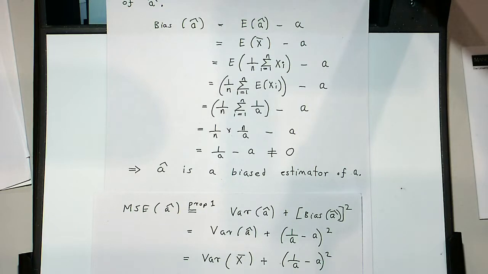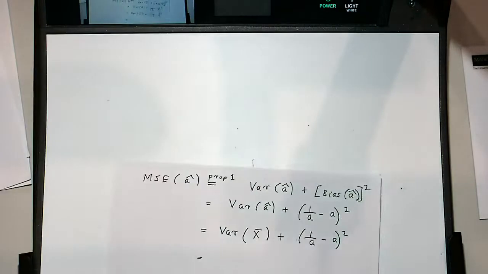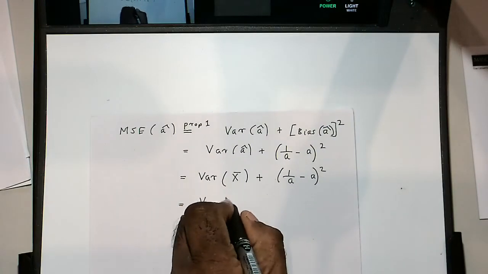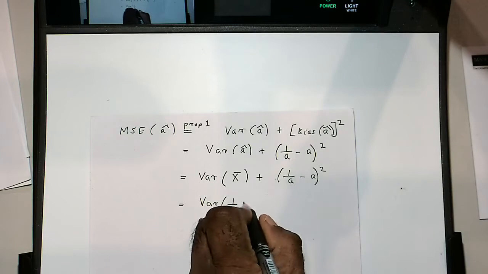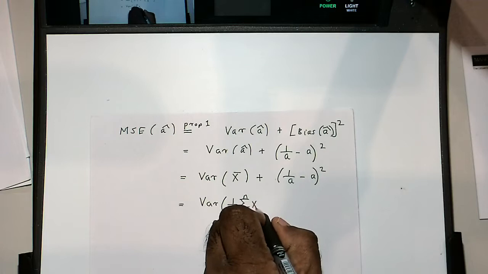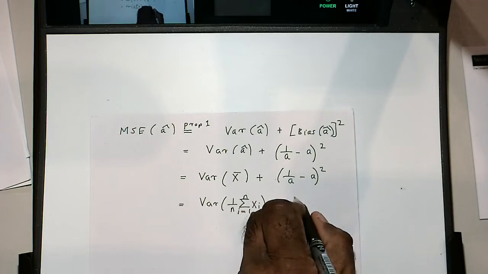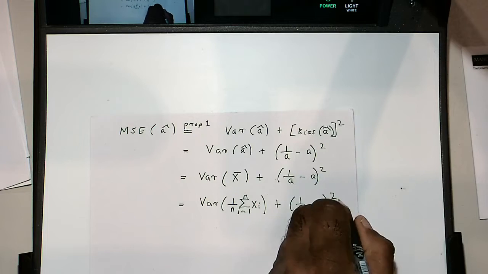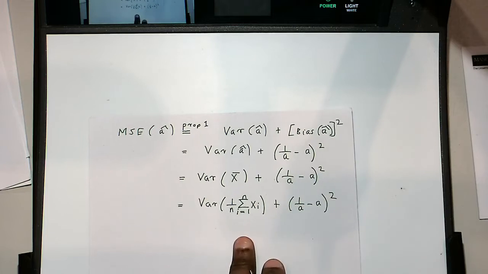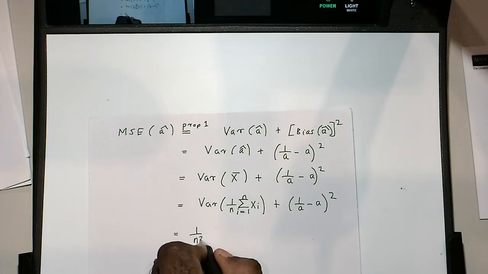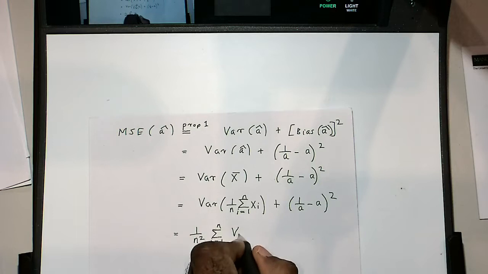So this will become the variance of... Now if you take the variance inside once again, n becomes n squared, then you have the sum 1 to n of the variance of xi.